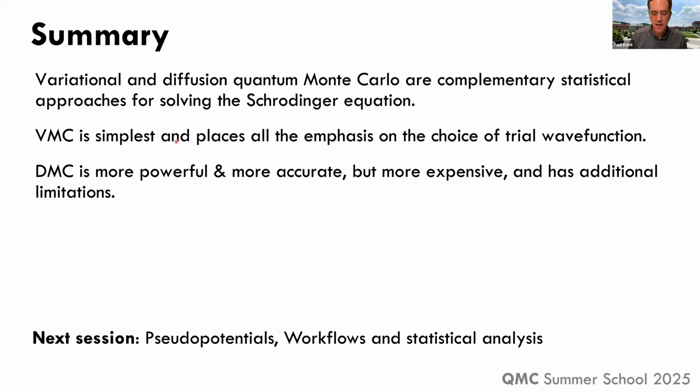It's the simplest. There are no approximations in it besides the choice of a trial wave function. The corollary, of course, is that it places all the emphasis on the trial wave function, so one has to do a good job there. Diffusion Monte Carlo is more powerful and more accurate, but also the cost is much higher. And as I was just describing, it has a few more limitations.